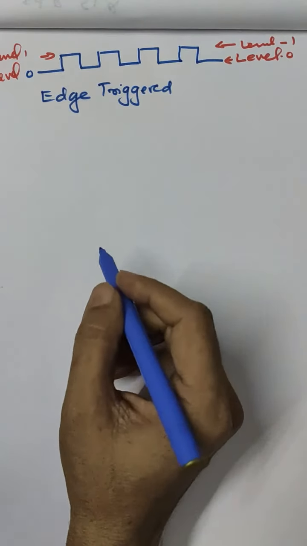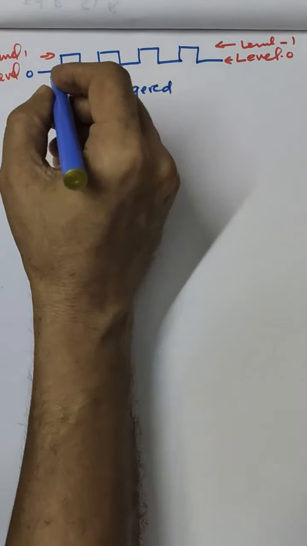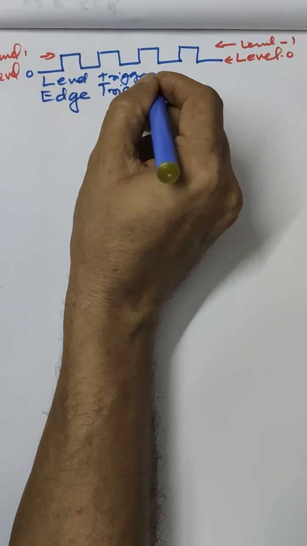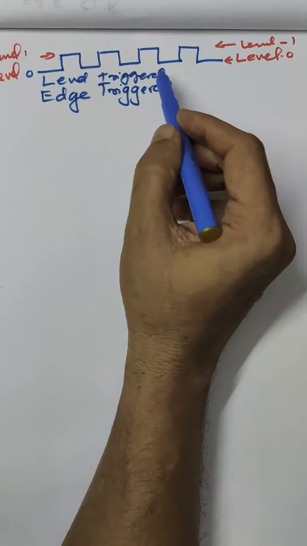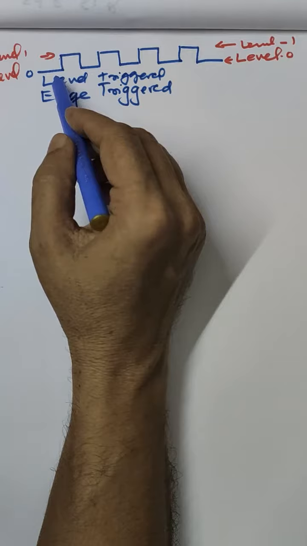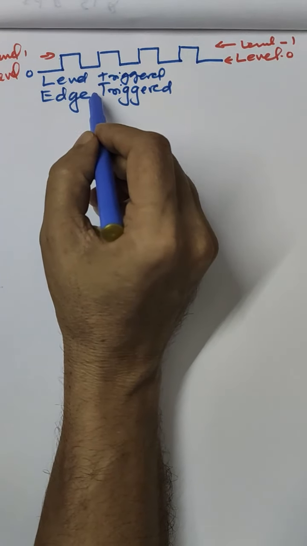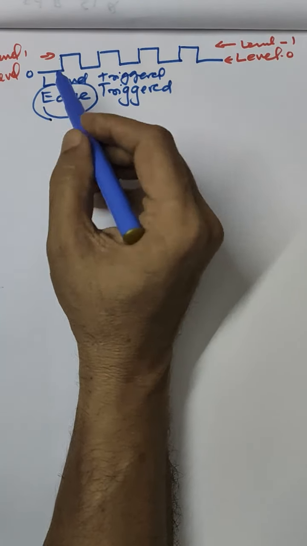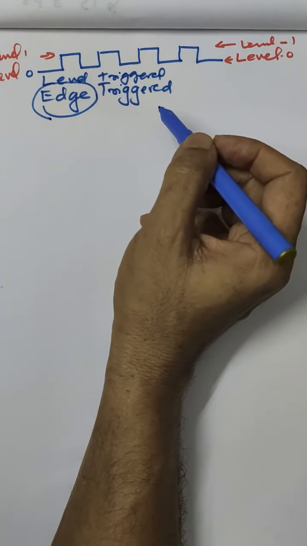The previous one is known as a level triggered one, the one that we have already discussed, when the system is enabled when the clock or enable is equal to 1 or 0. A flip-flop designed in such a way that it will respond only for any of the edges is known as an edge triggered flip-flop.